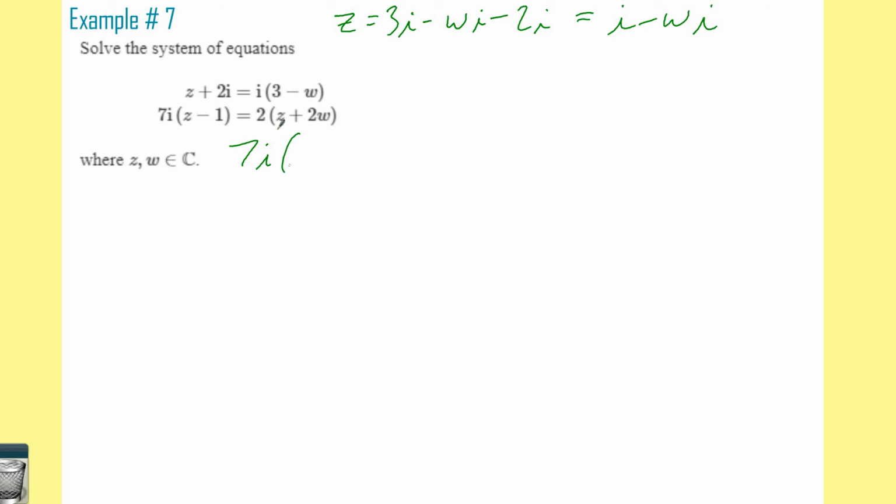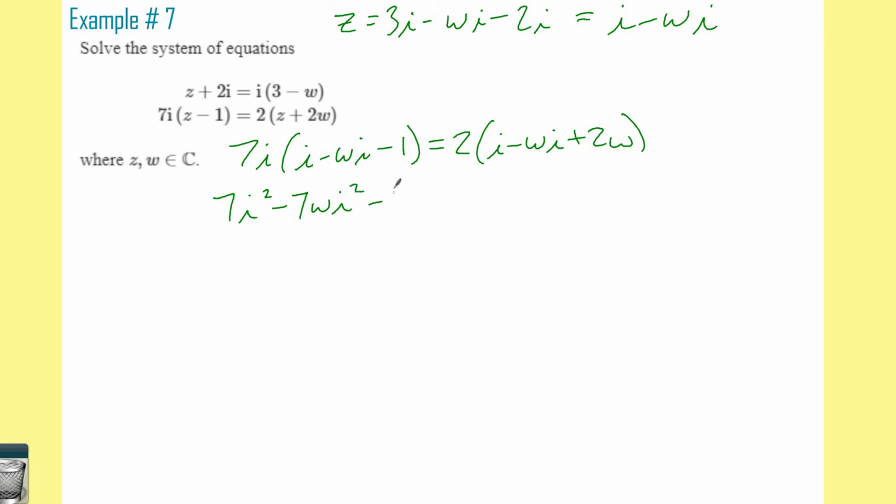So you get 7i times the quantity i minus wi minus 1 equals 2 times the quantity i minus wi plus 2w. And then I would just keep working it out. So 7i squared minus 7wi squared minus 7i equals 2i minus 2wi plus 4w.